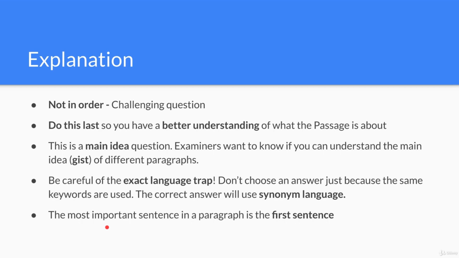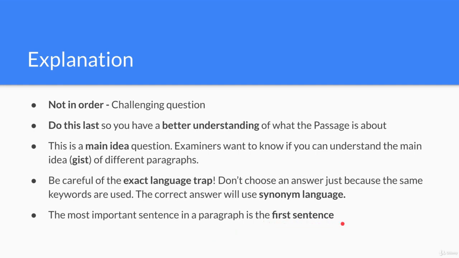Now, with the headings question, we are basically trying to identify the main idea, as you already know by now. And the way that we do that is by reading certain sentences in the paragraph. We don't read the whole paragraph, we only read certain sentences. And within those certain sentences, the most important sentence is the first sentence.